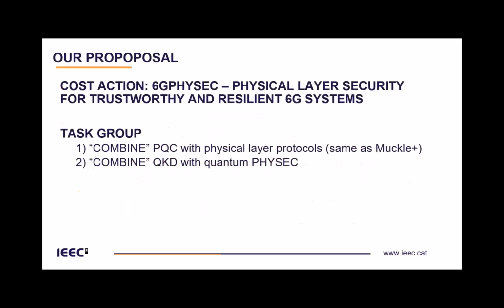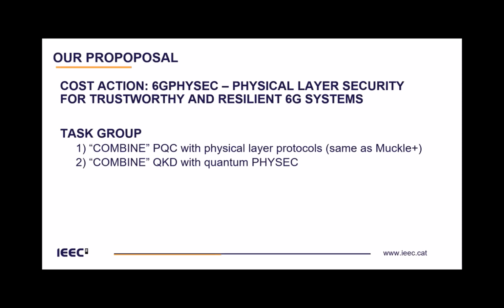The proposal we have made, and what I'm presenting here, I've also presented in this COST Action that started last year, called Physical Layer Security for Trustworthy and Resilient 6G Systems. I propose a specific task group, because we need to work with crypto people and quantum people together.